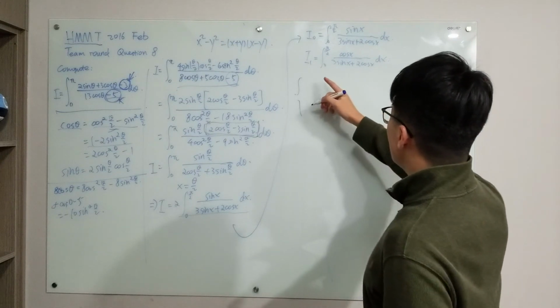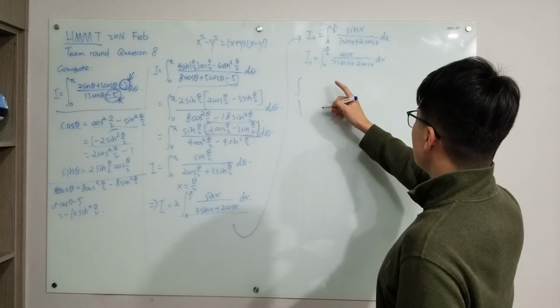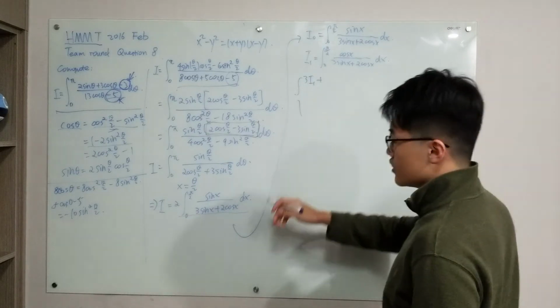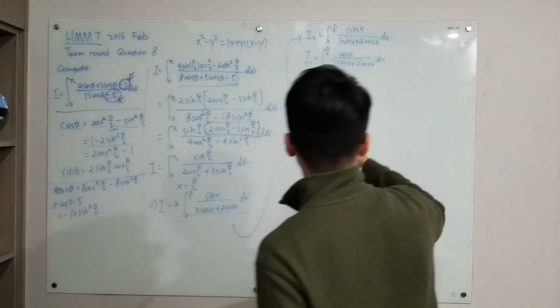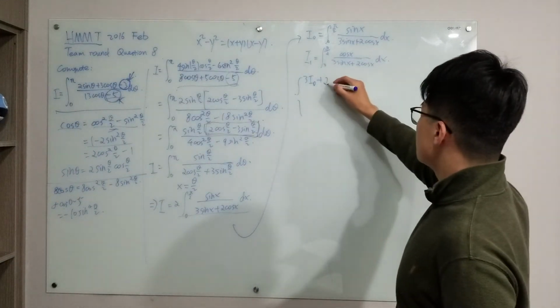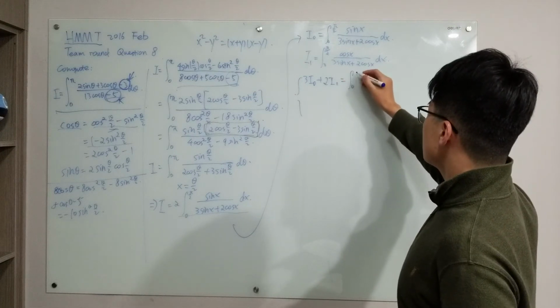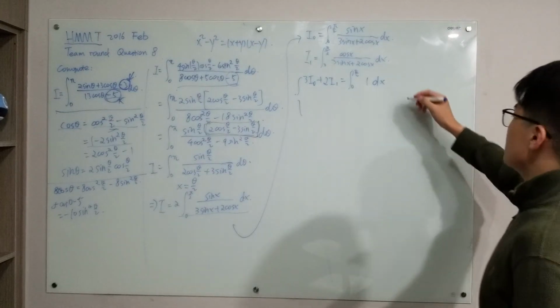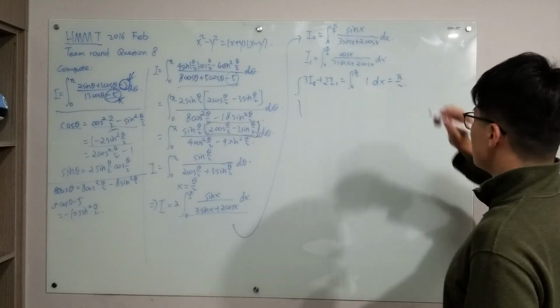Next we construct simultaneous equations. Firstly, 3 I0 plus 2 I1 equals the integral from 0 to pi over 2 of 1 dx, which equals pi over 2.